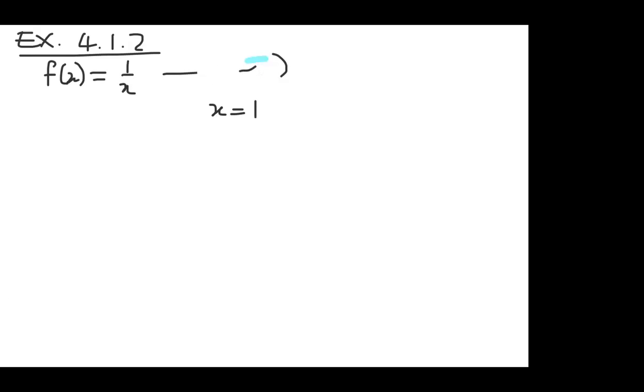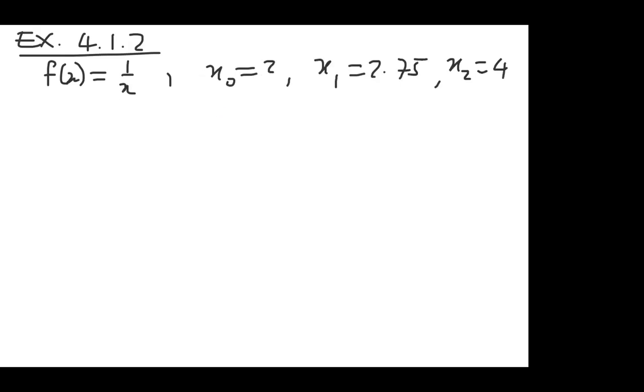In this case, we'll consider x0 equal to 2, x1 equal to 2.75, and x2 equal to 4. So for those values of x, I can find f of x.